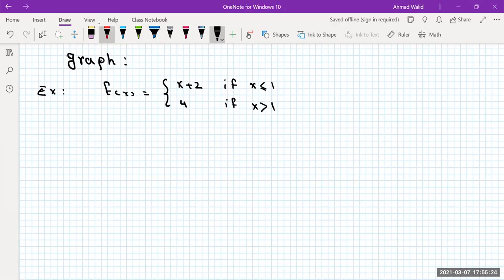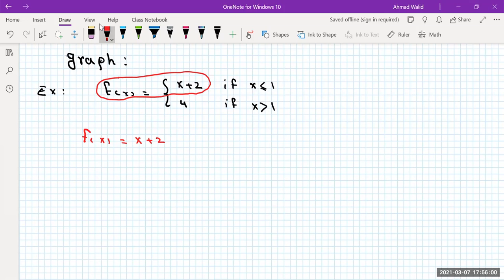Actually, I told you you are here dealing with two functions. The first one is f of x equals x plus 2, correct? How can you graph this? Those of you that know math, please do not use the y-intercept form of linear equations to graph.